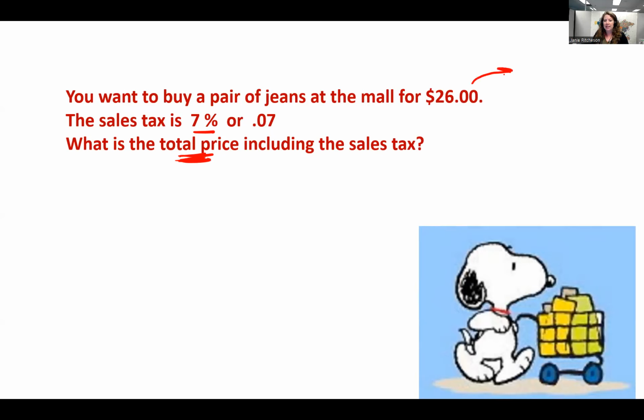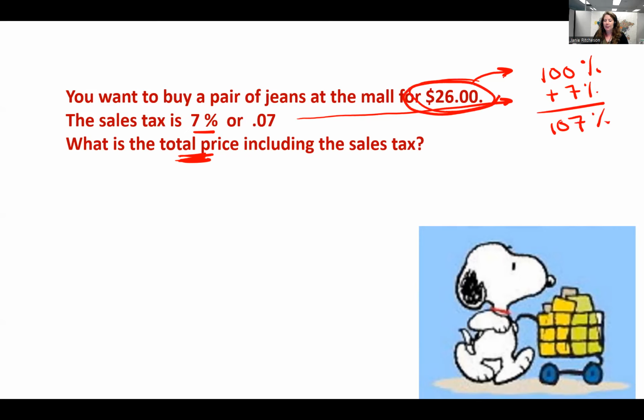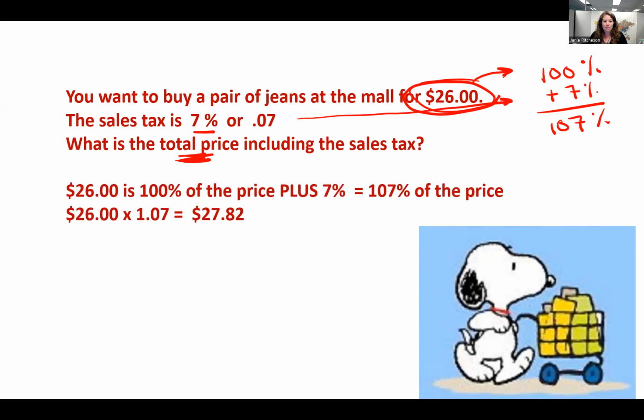If $26 is 100% of the price, and they're going to charge you an additional 7% for sales tax, really what we're paying is 107% of 26, right? We get to skip finding the sales tax separately and then adding it to the total.